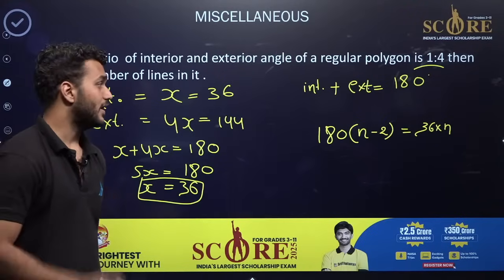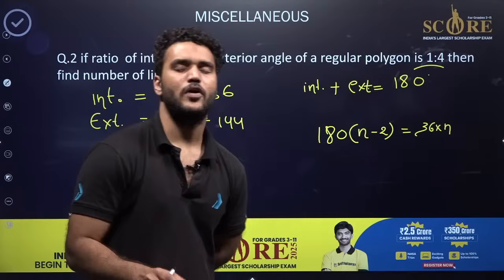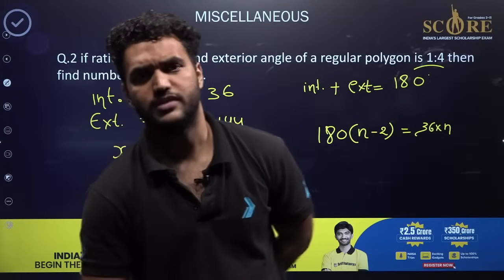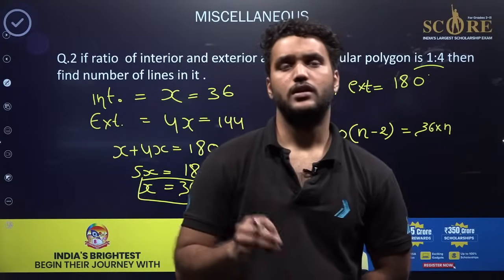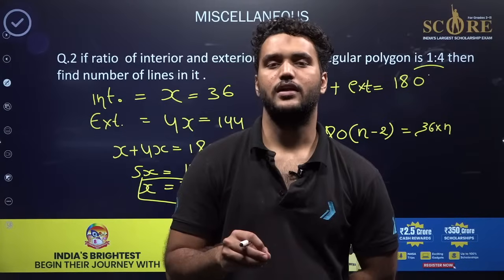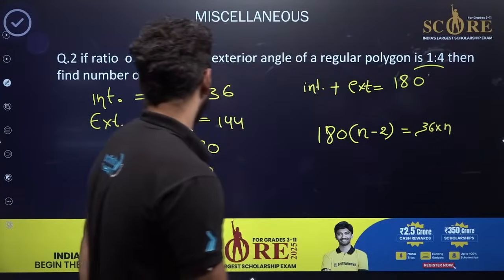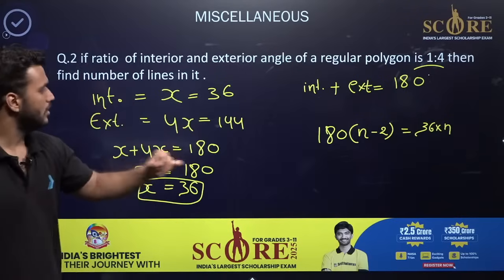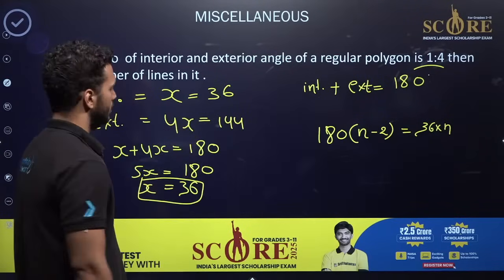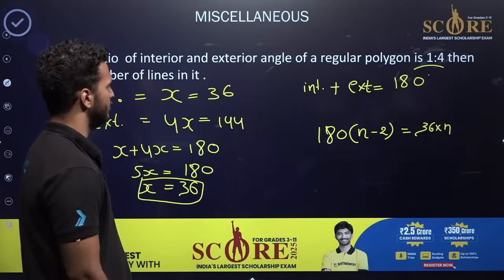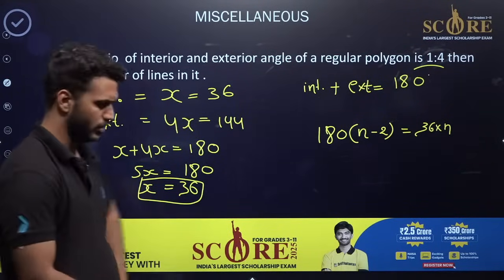Do you know that? For any polygon, you give me any polygon, regular or not, it doesn't matter, the sum of exterior angles comes out to be 360 degrees. So how much do we have? Sir, this 144. I don't think this will be possible for a regular polygon, but we will check.